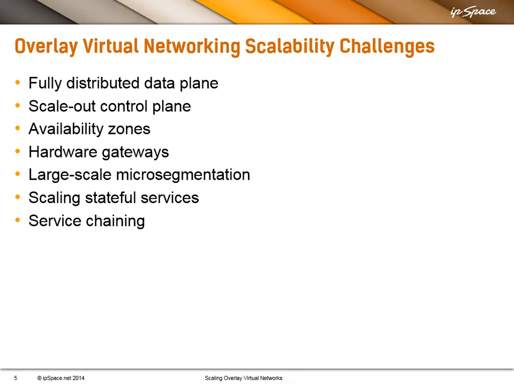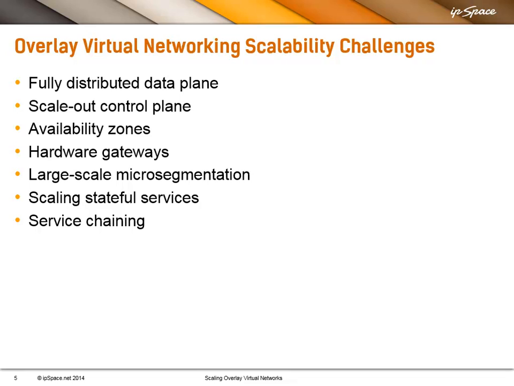Next, we'll talk about stateful services and how you can scale them. You'll see that some stateful services are pretty easy to scale, while others are almost impossible to scale. And then there are things in the middle where you can do some things which are not exactly scale-out stateful services, but if you are creative enough, you can get reasonable performance and solve the customer problems while doing so.